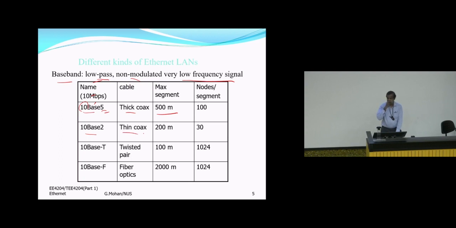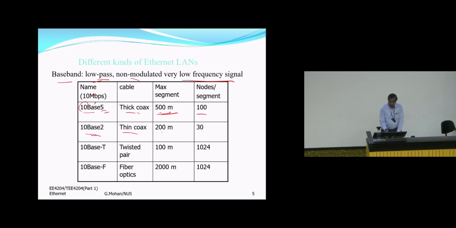There are dimensions and other characteristics which make them different. Again, we are not going into the physical properties of them. Just remember that thick coaxial cable was used here. In that sense it was also called thick Ethernet. So 500 meters, and the number of nodes per segment is 100. It can support up to 100 computers connected in every segment.